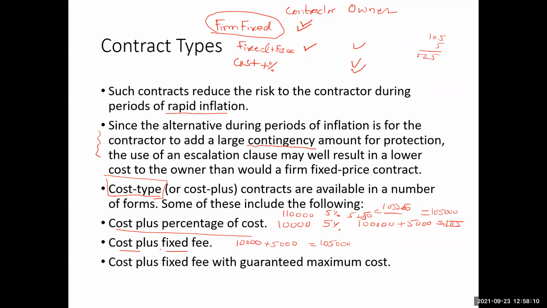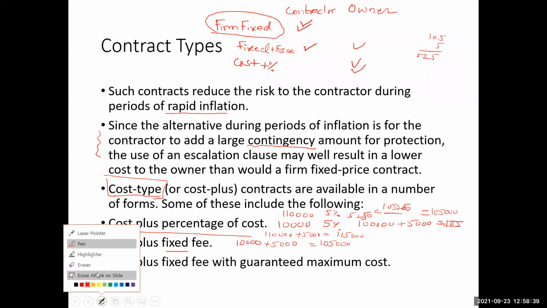But in cost plus fixed fee, if the cost will be 110,000, the owner will still pay 5,000. So the owner will pay 110,000 plus 5,000, 115,000. I think I made some mistake in the calculation.